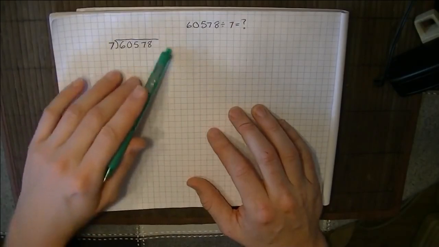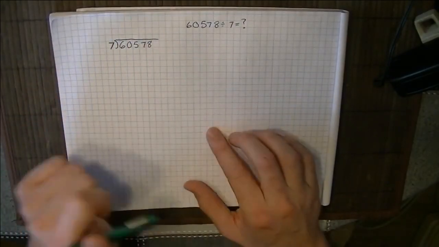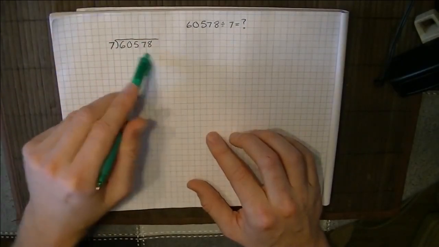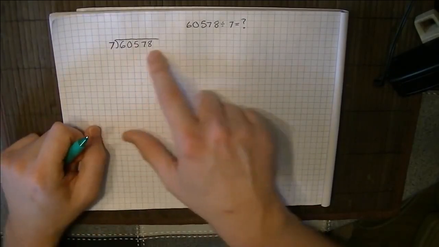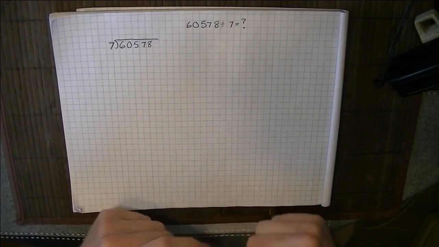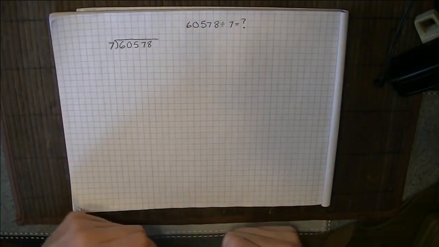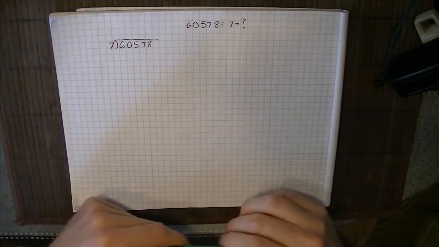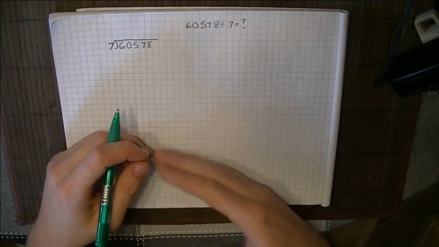I sometimes hear students say, oh, this is 7 divided by this. No, it's the number that's in the house being divided by the number that's outside the house. So we're breaking this into 7 bits and seeing how big those bits are. So what long division does is kind of like what we did before.